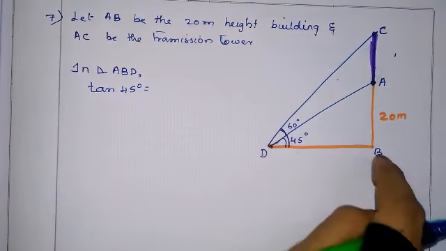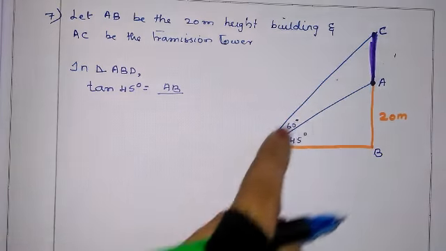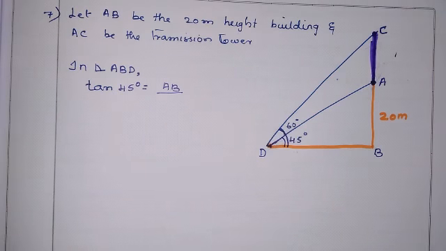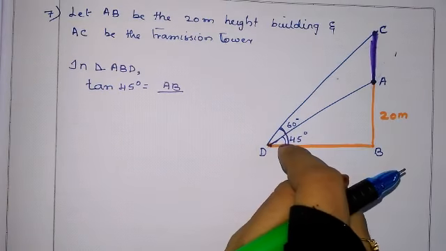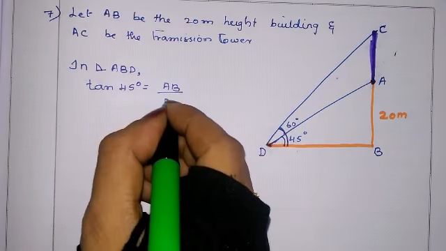Most of the time, only tan is used in this chapter, Some Applications of Trigonometry. 80% of the time only tan is used. Sometimes when they ask to find the hypotenuse, at that time sin and cos are used. Otherwise only tan.